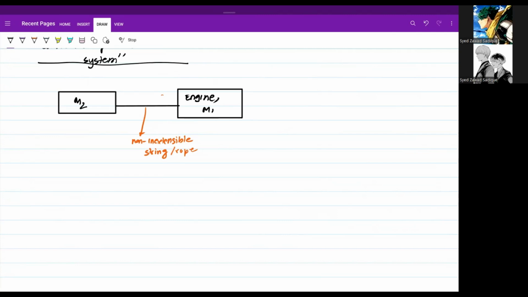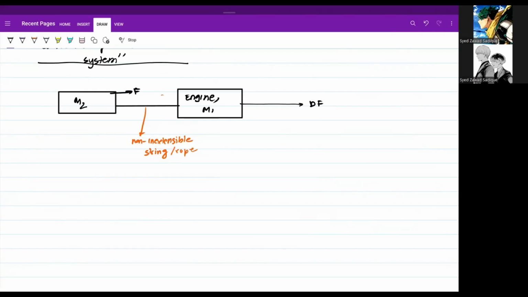Now, the engine provides a certain driving force. Due to this driving force, M1 moves this side. M1 has a resultant force on this side.